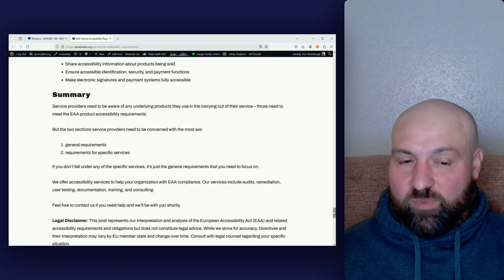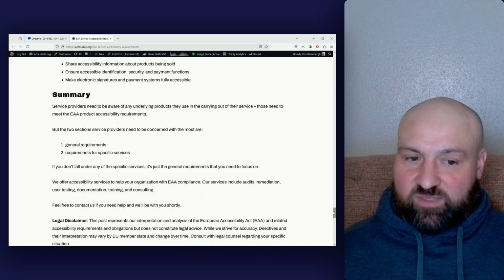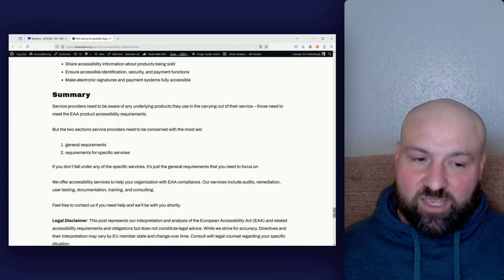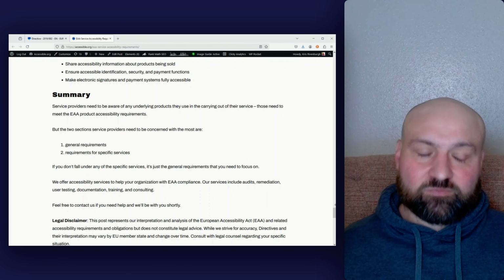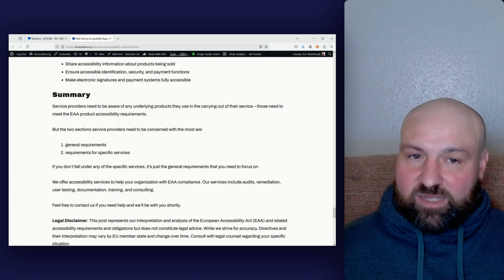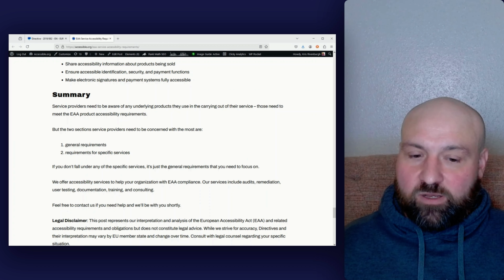And then we have the requirements for specific services. And then if you don't fall under any of the specific services, if you're not covered, then it's just the general requirements that you need to focus in on. So that is a nice summary and a nice guide to the accessibility requirements for service providers and services under the European Accessibility Act.